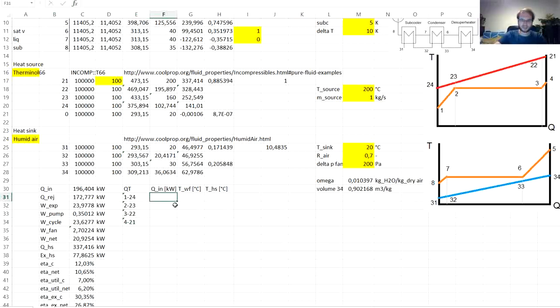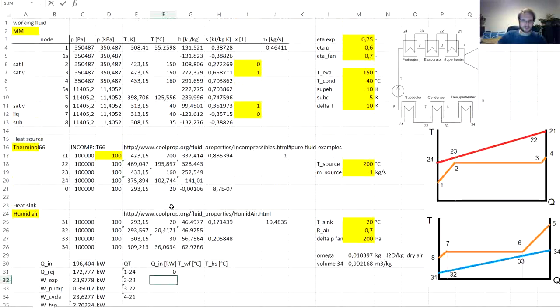Now the heat transferred in the heat exchanger will start at 0, and then we can choose whether to use the heat source or the working fluid. So here, as I go 1 to 4 with the working fluid, I will use that. So mass flow rate of the working fluid times enthalpy at the point 2 minus enthalpy at point 1. And let's lock the cells like this so that we can just extend it.